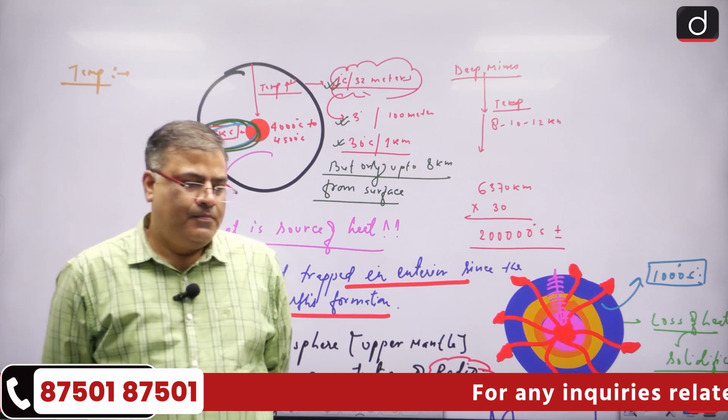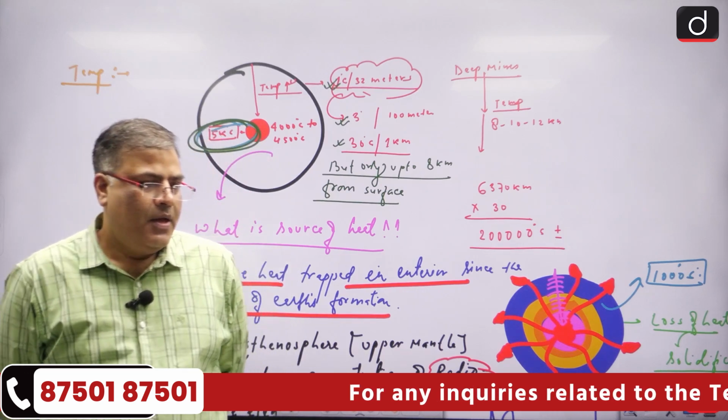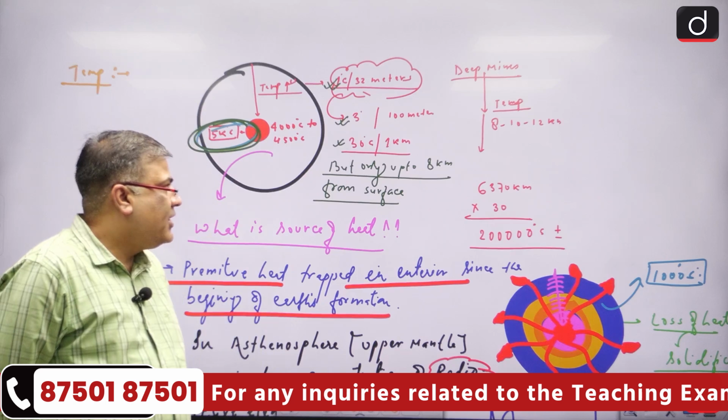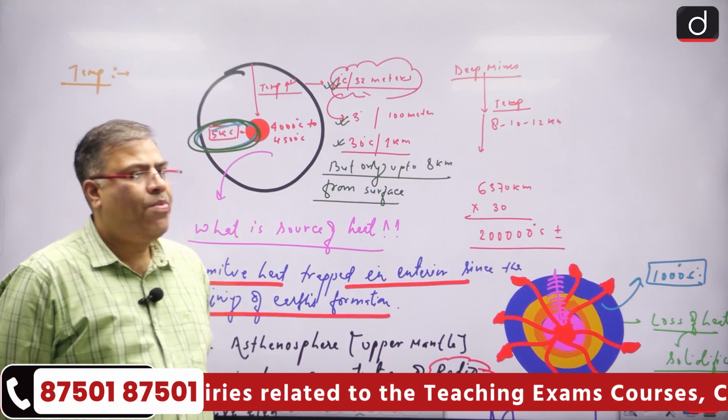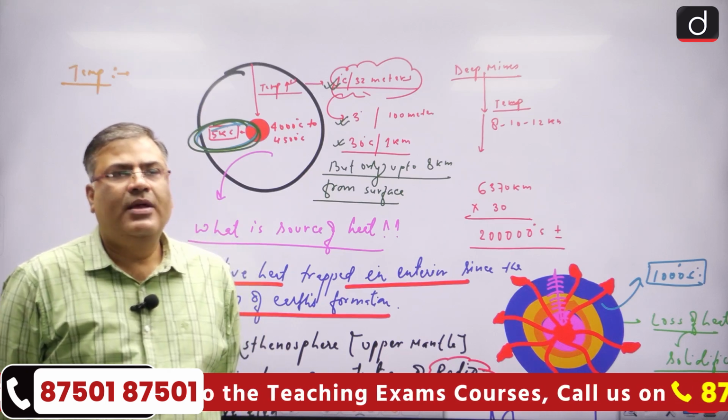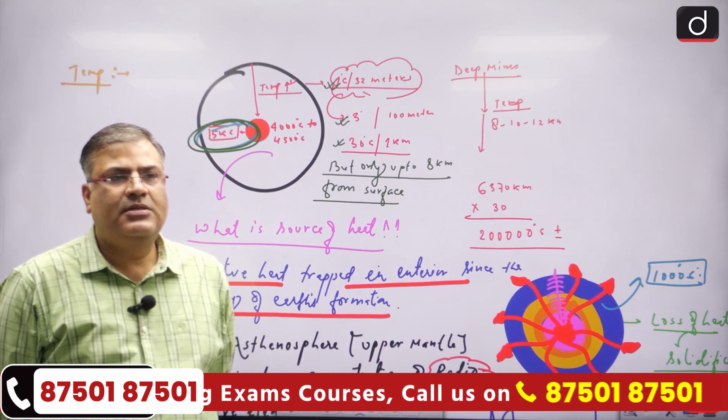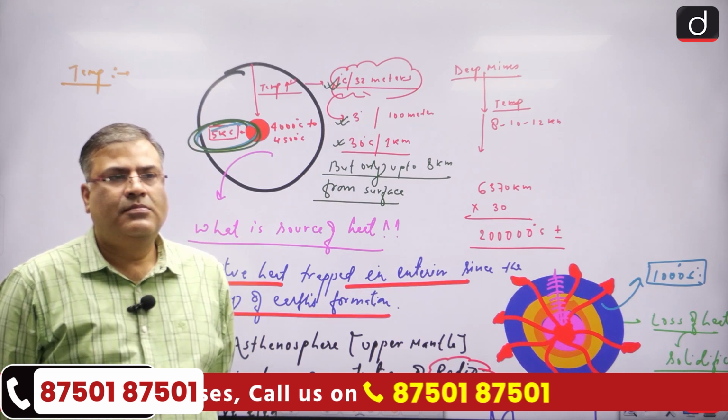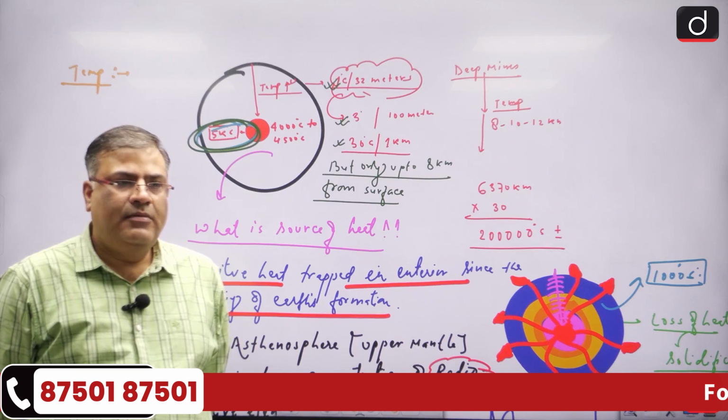Number two, presence of radioactive elements in the upper mantle.